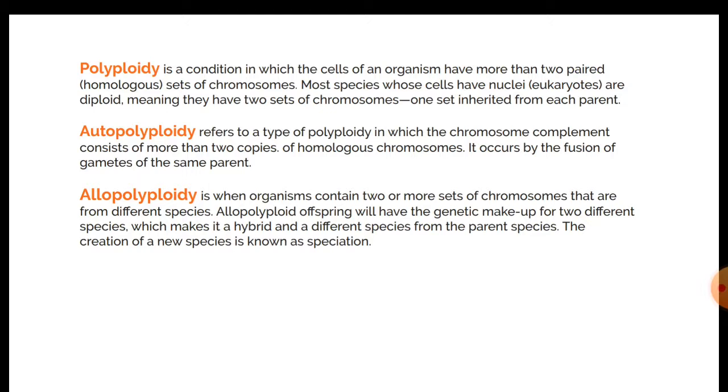If three similar sets are present, that is triploid, and if 4 sets are present, that is tetraploid. If 5 sets of the similar chromosomes are present, pentaploid, then hexaploid, but a general term given to it is polyploid. So what is polyploid? It is the addition of one or more complete sets of chromosomes or genomes.